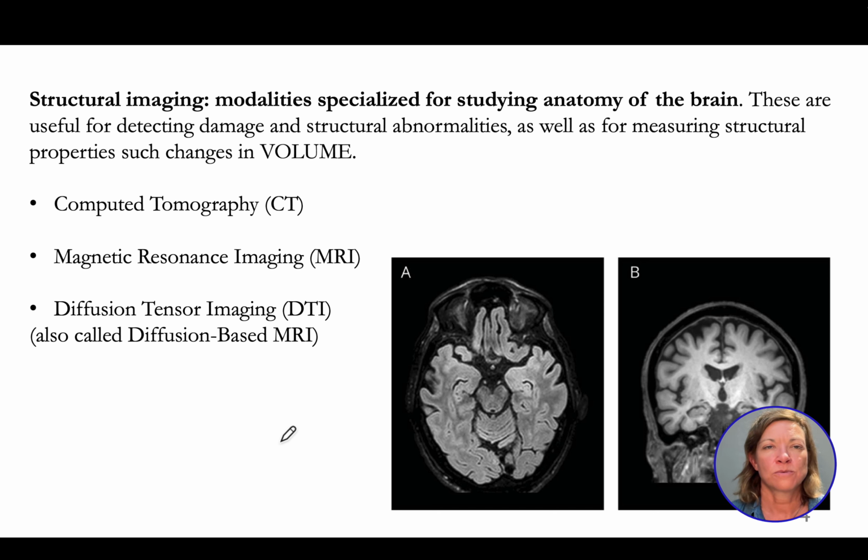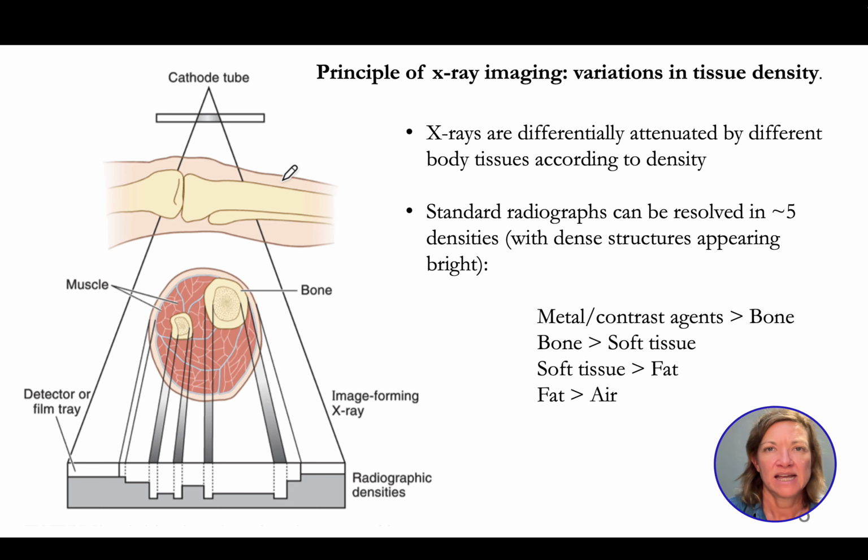So let's start with structural imaging, and the first one we're going to talk about is CT. CT is based on the principle of X-ray imaging. Like standard X-rays, X-rays are also used to produce images in CT. X-rays produce images when they pass through the body and impinge on a detector on the other side of the body, and this is due to variability in tissue density.